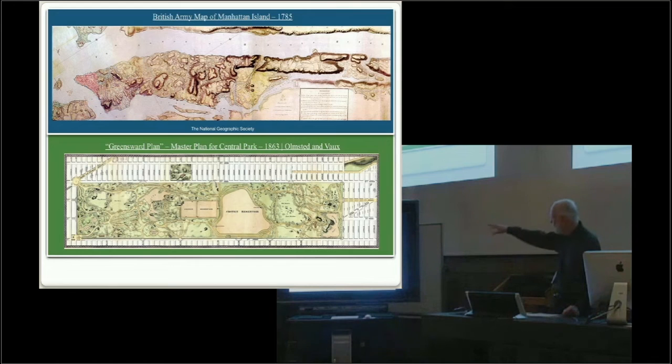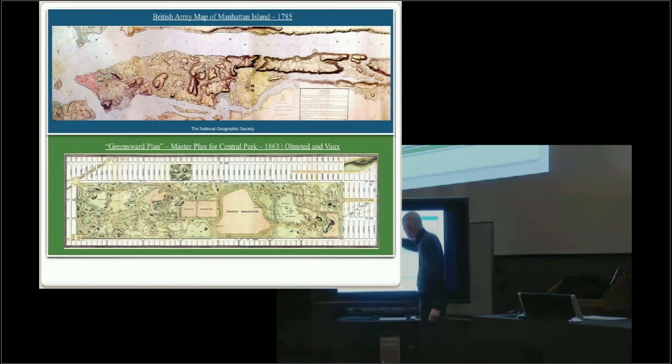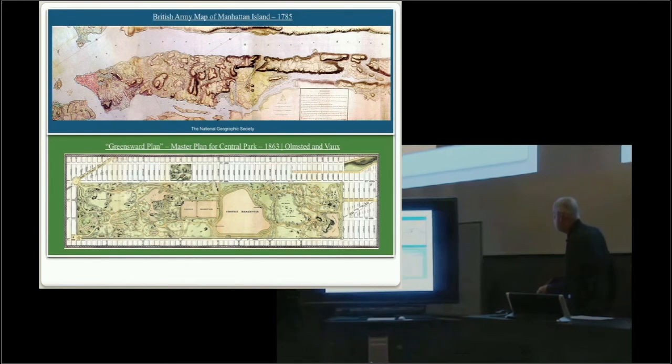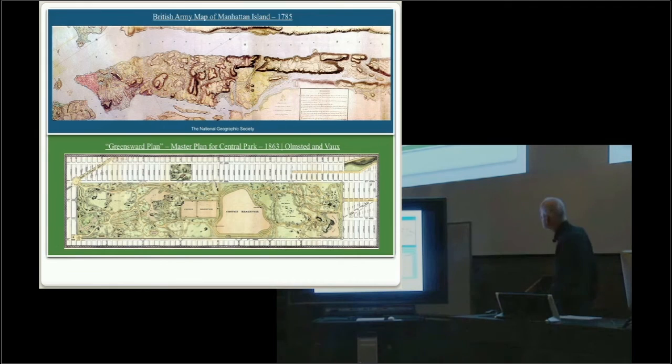They used various symbols in here. All of these were various kinds of crude symbols that the British Army had established, actually for troop deployment and artillery placement in 1785, because they were still fighting the Yankees.